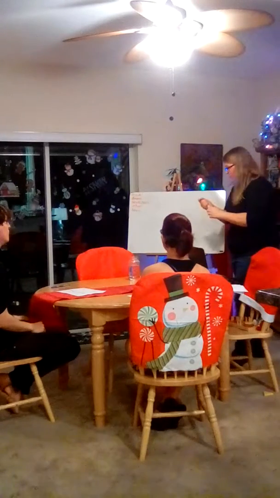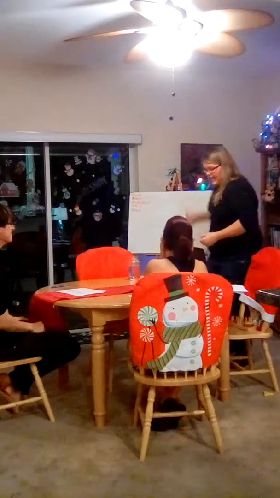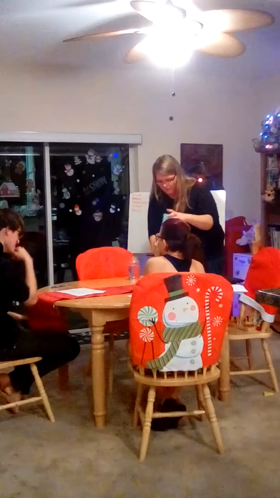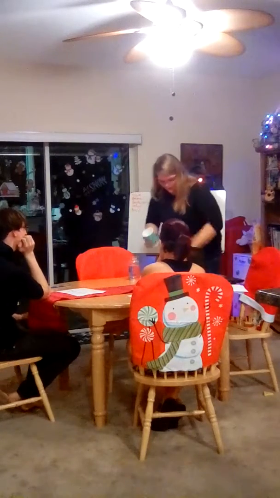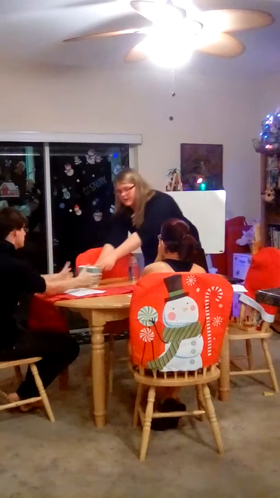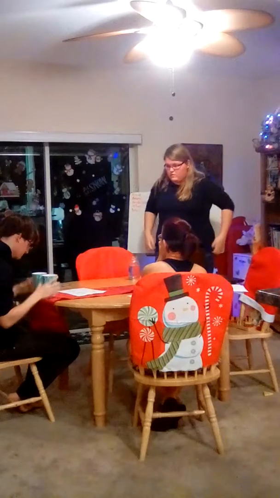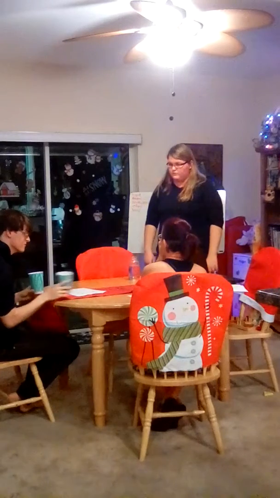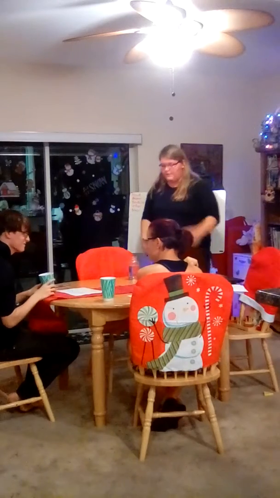Okay, so now what we're going to do is we're going to act this out. So, let me see. Nicholas, will you be a helper and pass out a cup to each person and a block to each person as well? Okay.